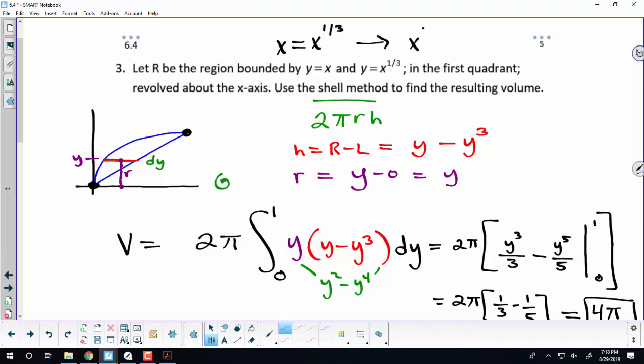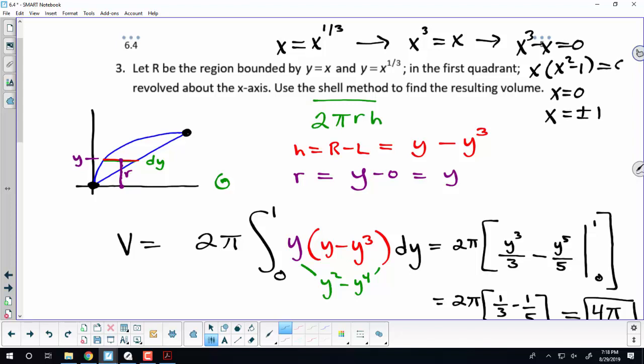So you have, when does x cubed equal x? And then really that's when does x cubed minus x equal 0, and then we factor that, like that. So we know it's not -1 because we're in the first quadrant.